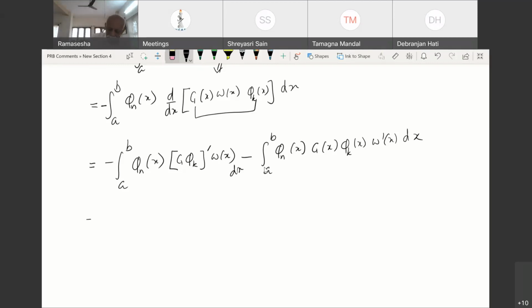So this will be minus integral, because g phi k is a polynomial of degree k plus 2. If I differentiate it once, it will become a polynomial of degree k plus 1. This multiplied by w(x) dx, that's the first.